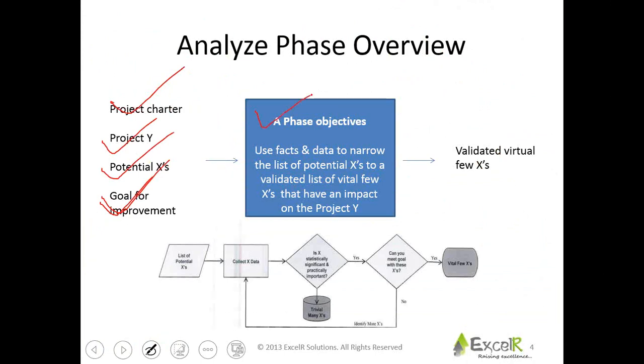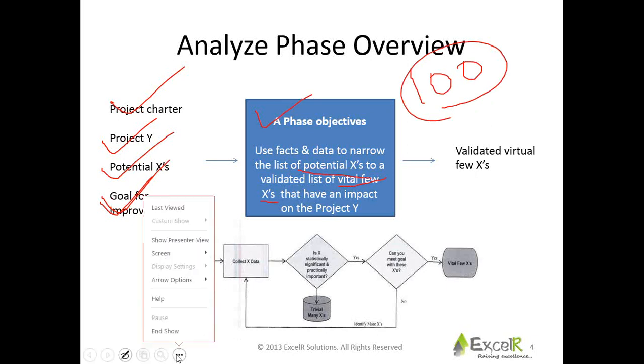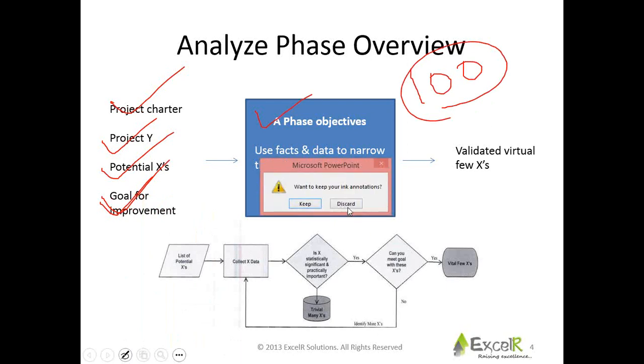Then in analyze phase, what is the key objective? The objective is to use the facts and data to narrow the list of 100 or more potential inputs to validated vital few critical inputs that have an impact on the project Y. Then we come up with the validated vital few inputs.